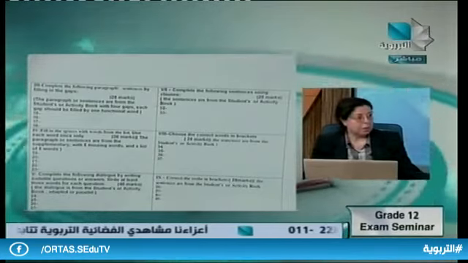The question target is: complete the following sentences using clauses. Fine. The students are given one half of the sentence with one clause, and he has to complete it. Of course, they are related to their grammar structures and to their functional words.